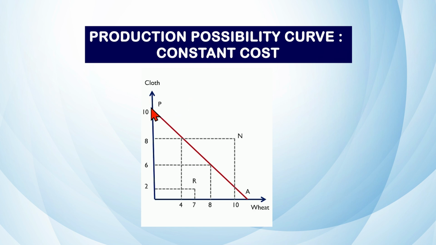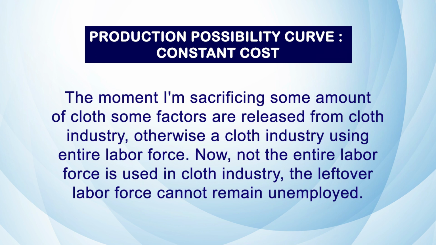This P is giving me 10 cloth and 0 units of wheat. So now I want to produce 1 unit of wheat. If I do that, I may move to this point. So if I move to this point, I am sacrificing some amount of cloth. The moment I sacrifice some amount of cloth, some factors are released from the cloth industry.